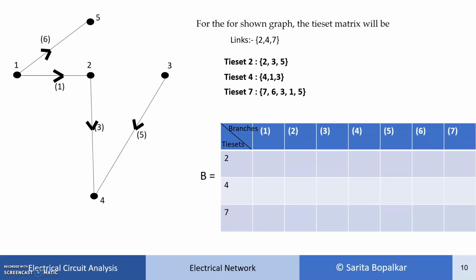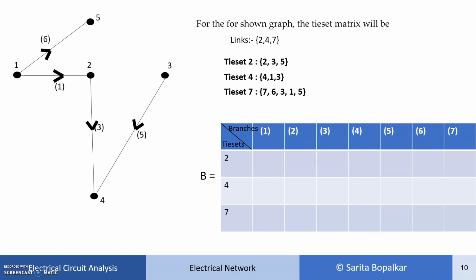In the previous video, in the loop matrix, we considered the loop current orientation to be clockwise, and the branch current which coincides with our loop current, we take as 1, otherwise we take -1. So in the loop matrix, all the loop currents are assumed clockwise. But here, for each F loop or tie set, the orientation is different.